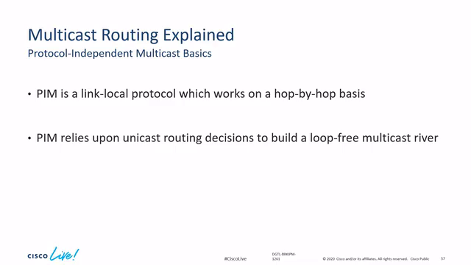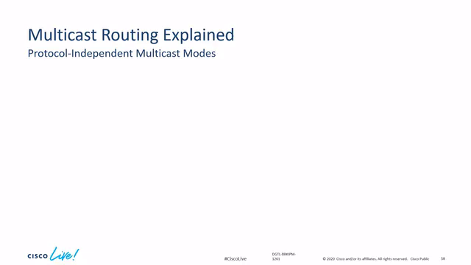When we talk about how the receiver receives multicast from the source, it's that loop-free multicast river that gets built from the receiver up to the source, and then the traffic flows backwards along that path. We're using the unicast RIB to build that loop-free topology because PIM is not concerned with best path. PIM is concerned with tracking multicast traffic and sources and groups and receivers.